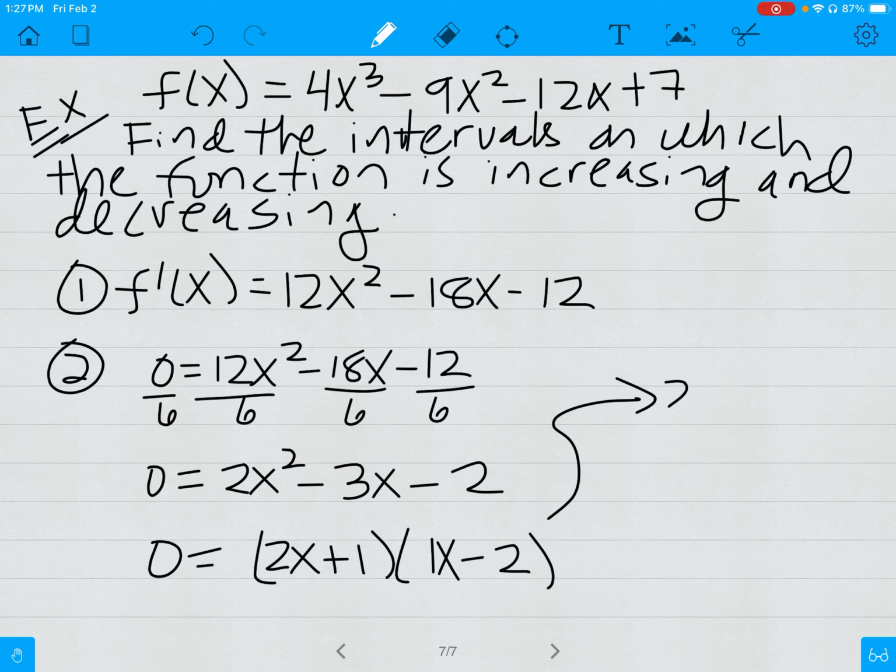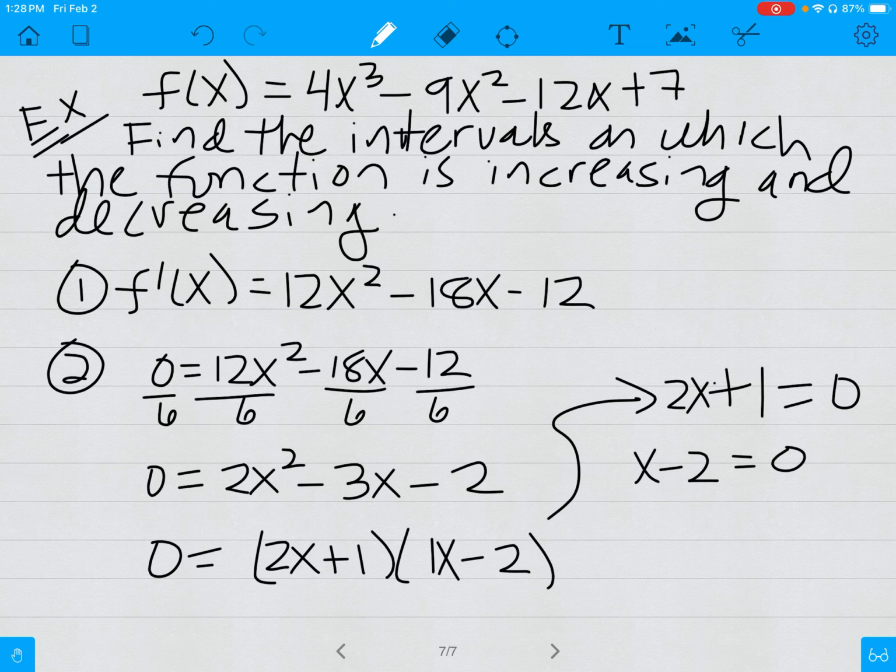And then we can set each of the factors independently equal to 0. So either 2x plus 1 equals 0. That's one option. Or x minus 2 equals 0.